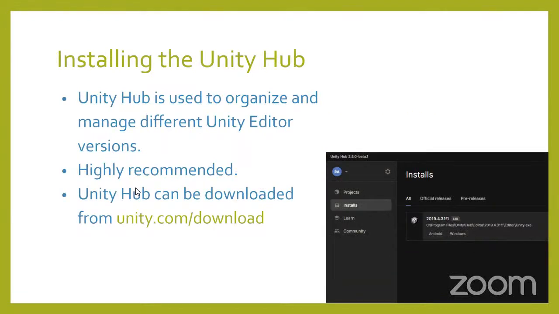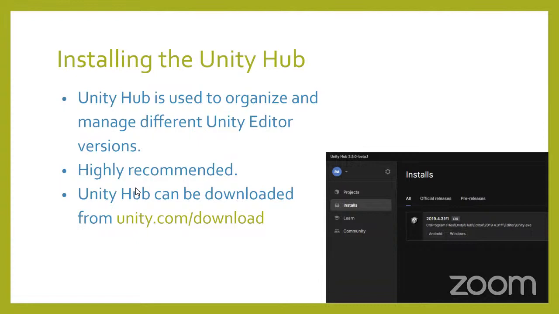So in order to get started with Unity, you will need to install Unity Hub. Unity Hub is software to manage different versions and different installs of the Unity editor on your computer.